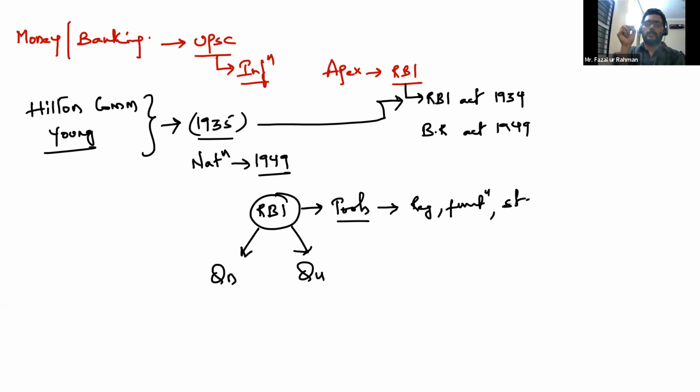So RBI has two important functions. It is acting as a banker's bank, and it is also a very important bank, also called the lender of last resort.